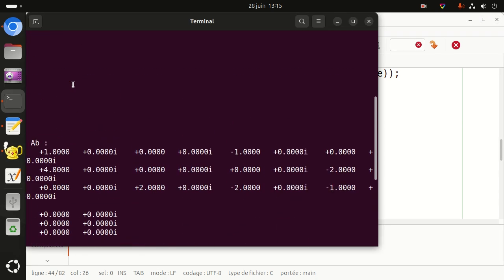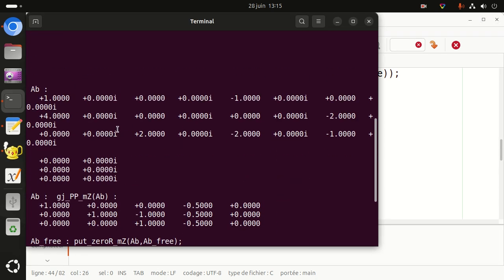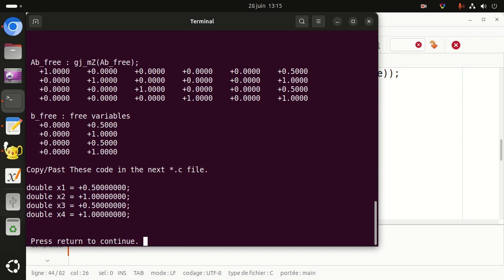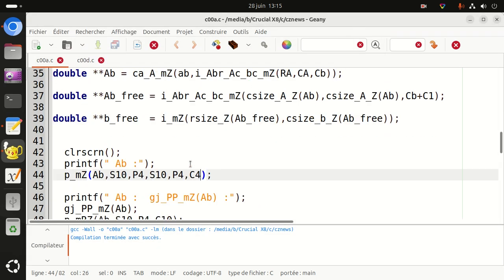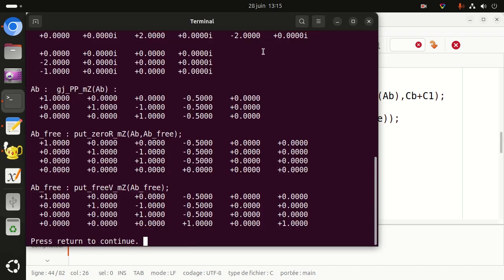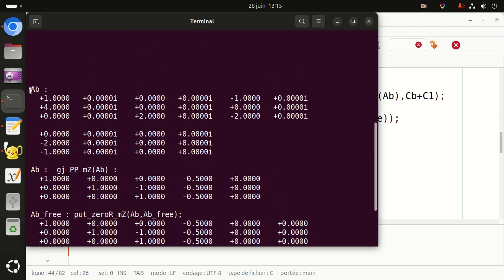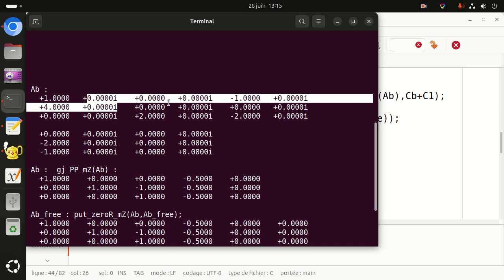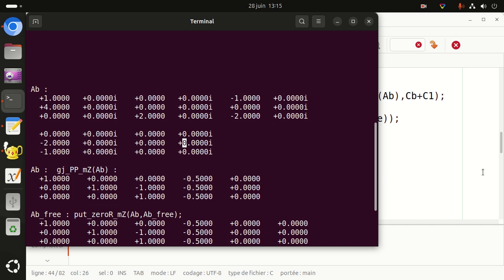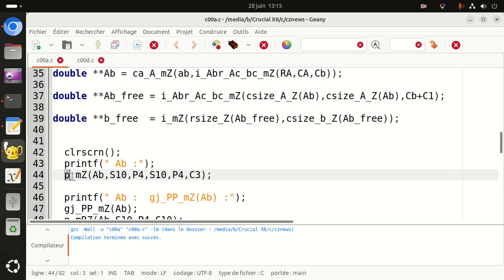Now I print. Oh là, qu'est-ce qui s'est passé? Alors 3. Now I print AB with complex value. Okay? You have here complex value. Why? Because I have used this function.